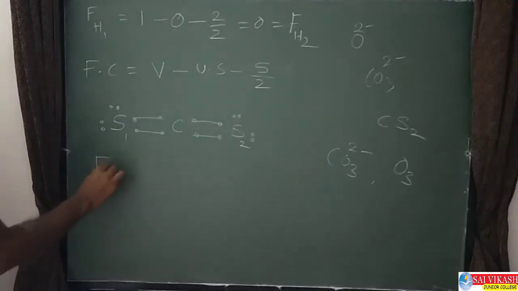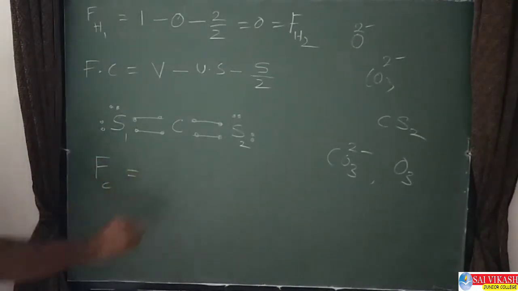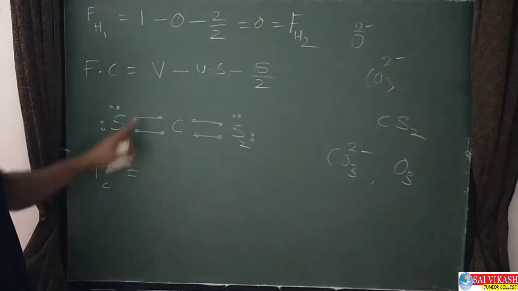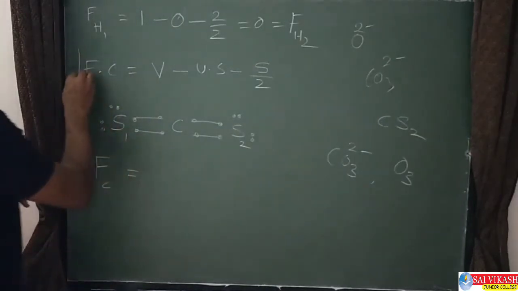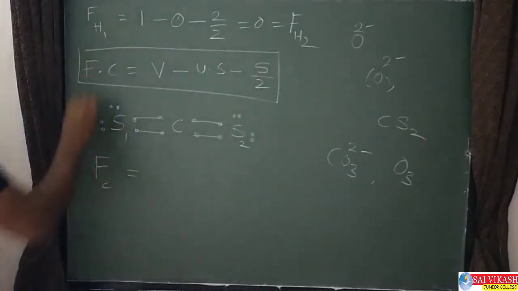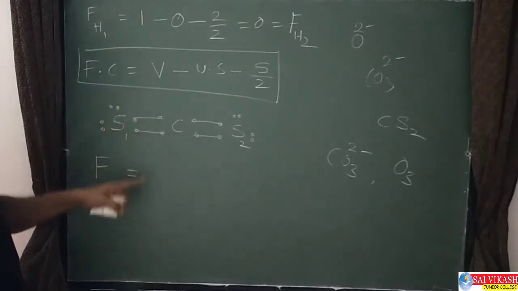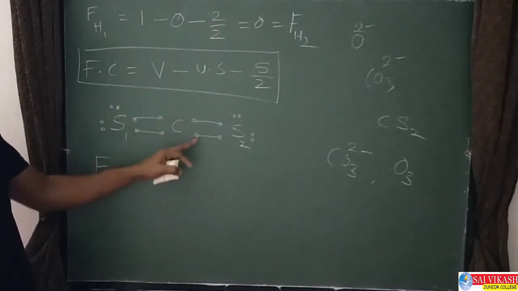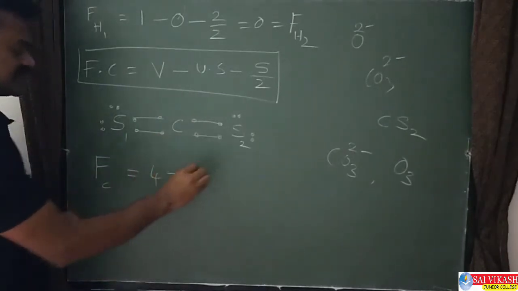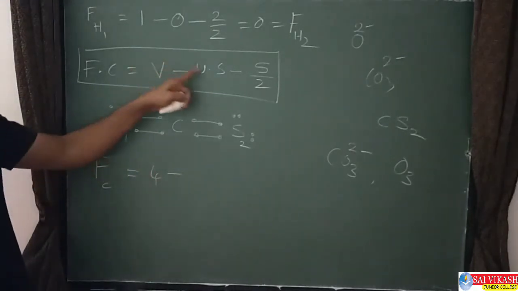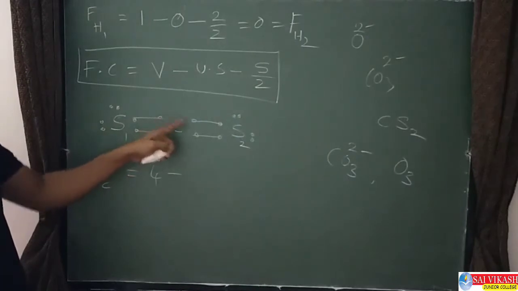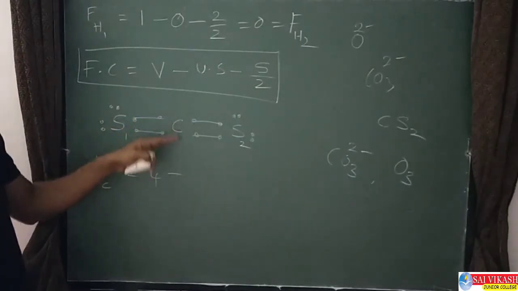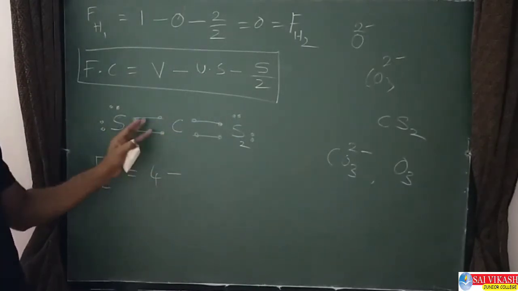Formal charge of carbon is equal to V, valency. This is the formula. V for valency. Valency of carbon how much? How many valence electrons are there? 1, 2, 3, 4. So 4 valence electrons minus number of unshared. How many unshared electrons? No, there are no unshared electrons. All are shared.